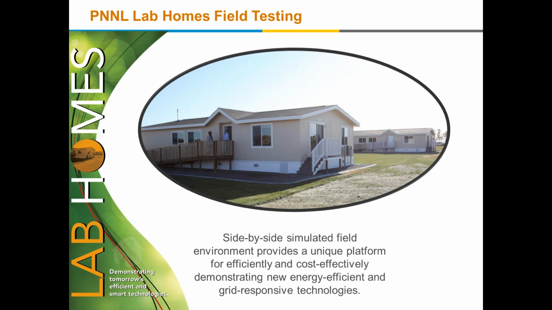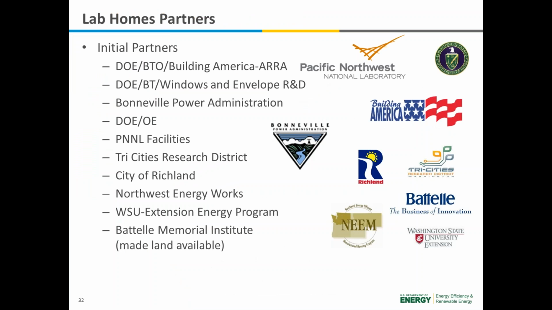These homes were specifically developed to be representative of the Pacific Northwest and the climate that we've seen in this area. Some of the initial partners that are part of the PNNL lab homes, Building America and the City of Richland and Bonneville Power, are some of the most notable ones.